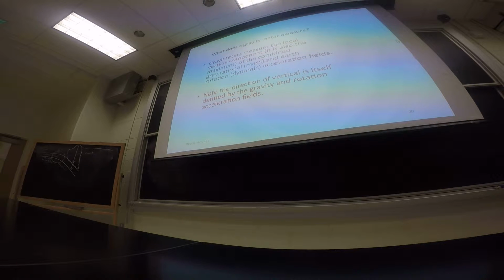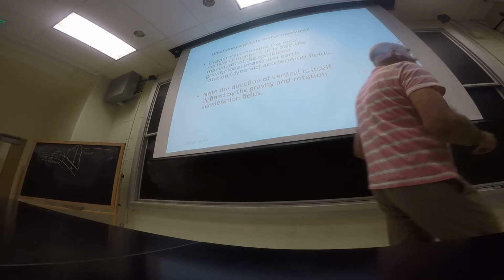A gravimeter measures the local vertical component of the combined gravitational and Earth rotation acceleration fields. And if there were a pull of gravity to the side, it would also measure only the vertical component.